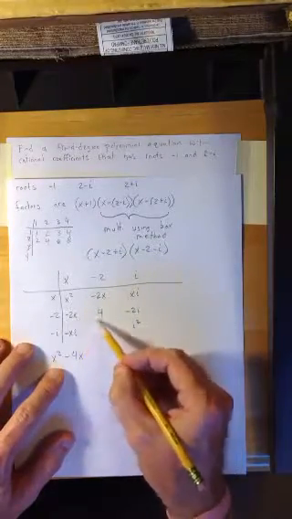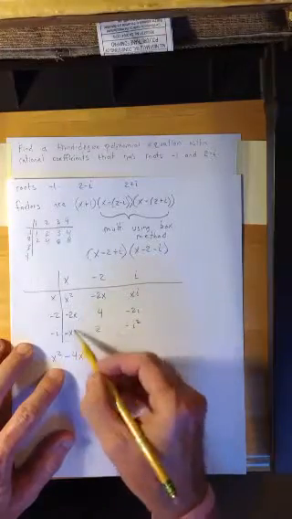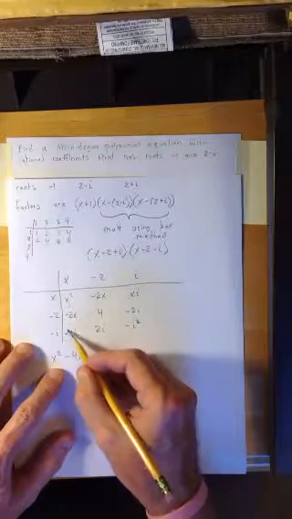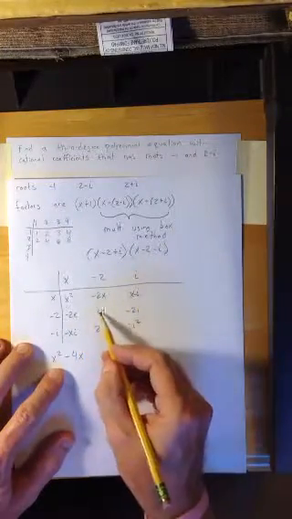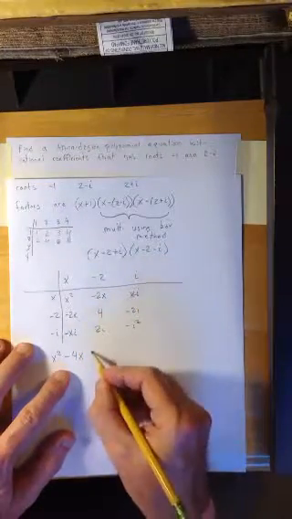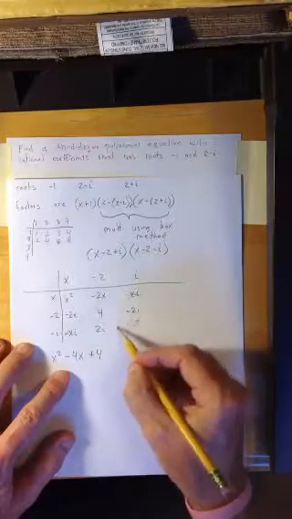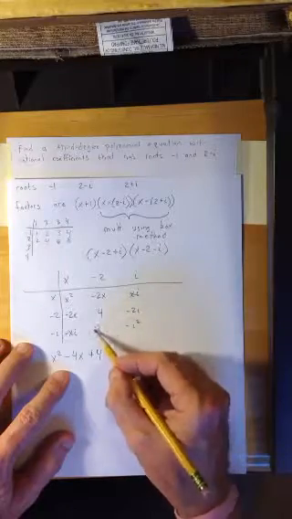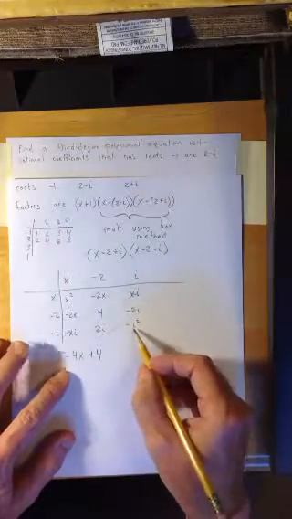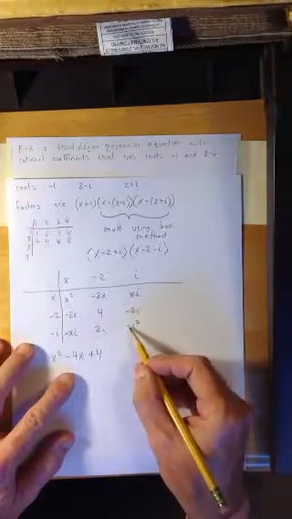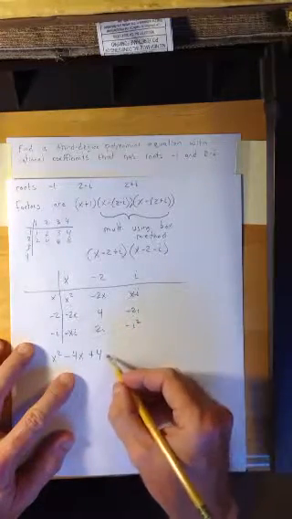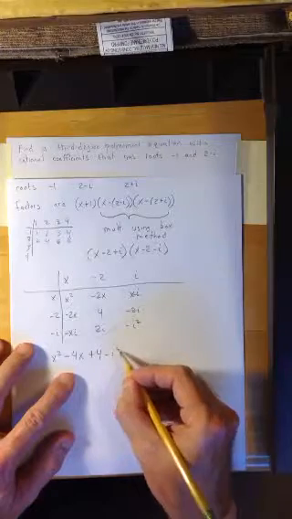In the middle, the negative xi and the positive xi are going to cancel each other out, so we don't worry about those. We're left with a positive 4, so plus 4. Next we have 2i minus 2i, so they cancel each other out. We're left with minus i squared.